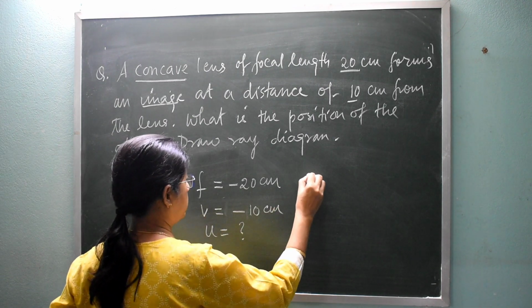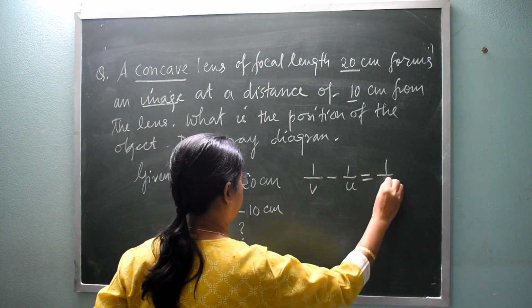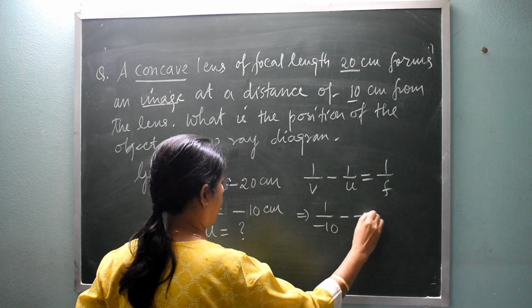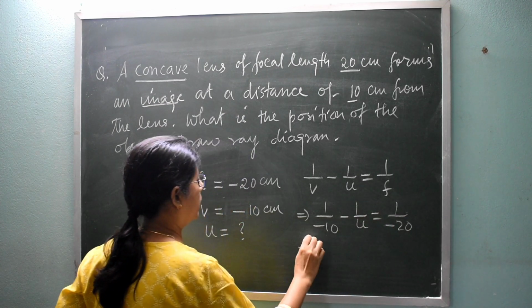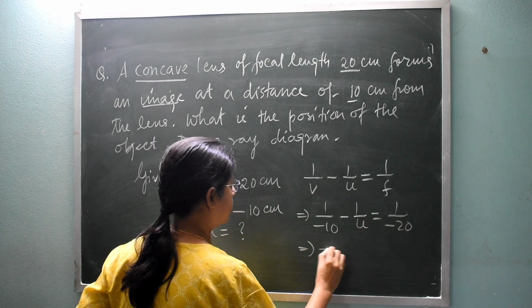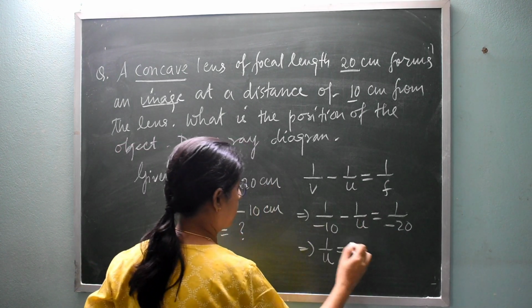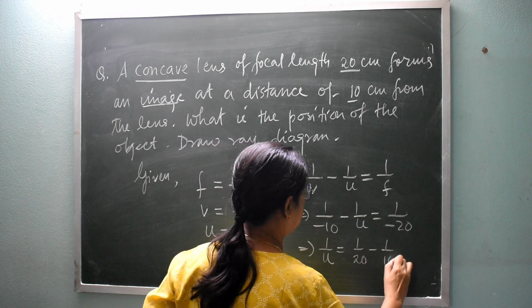So next we are going to use the lens formula, 1 by v minus 1 by u equal to 1 by f, so minus 1 by u equal to minus 1 by 20 plus 1 by 10. We take u to that side, it will be positive, so minus 1 minus 10.